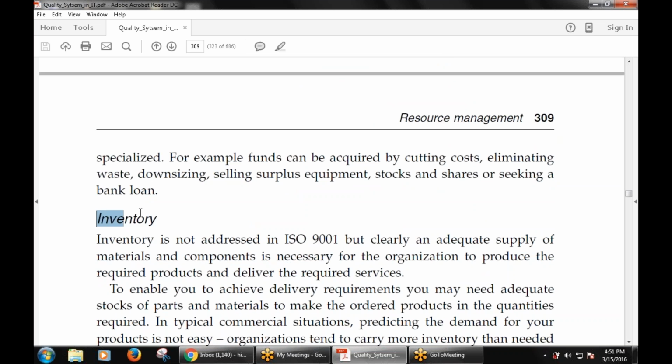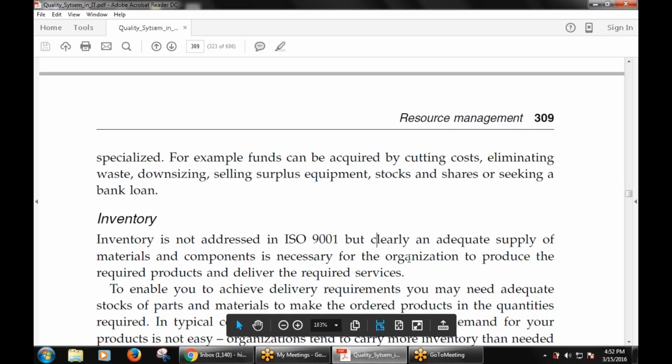Now, next is the inventory, which is not addressed in ISO 9001, but clearly an adequate supply of the material and the components is necessary for the organization to produce the required product and deliver the required services.